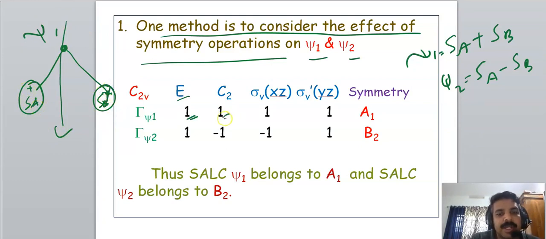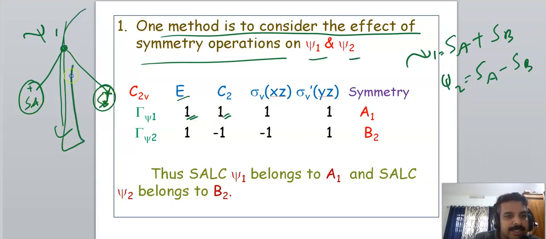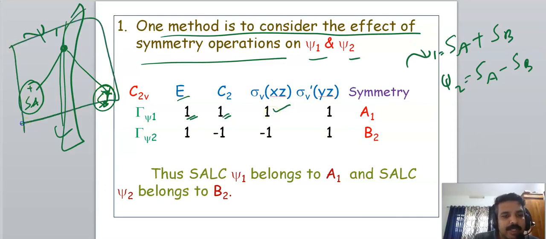Therefore the character will be 1. For sigma v xz, this is the xz plane, but here plus, here also plus, therefore again character 1. Sigma v yz is this plane, here also 1. Therefore, for psi1, the characters are 1, 1, 1, 1, which belongs to A1.